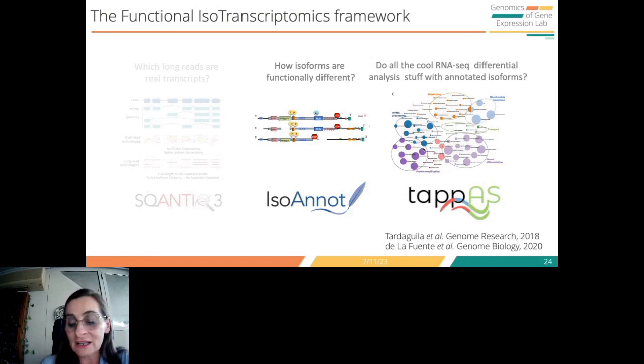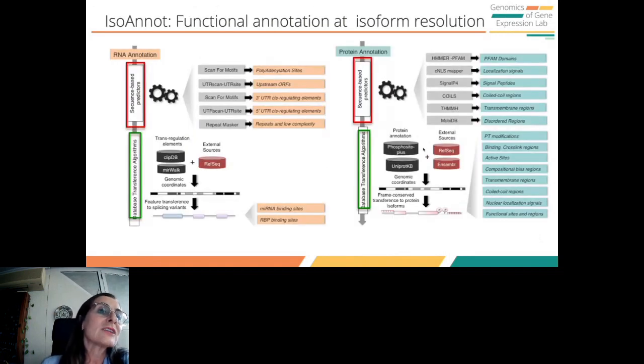So IsoAnnot is a simple idea. Basically, we try to annotate using function prediction algorithms, or simply mapping from databases, using the positions of the annotation of the transcript models on the reference.